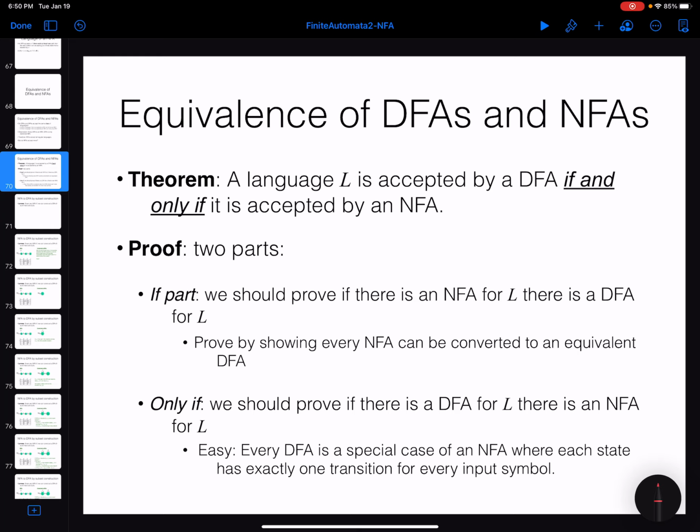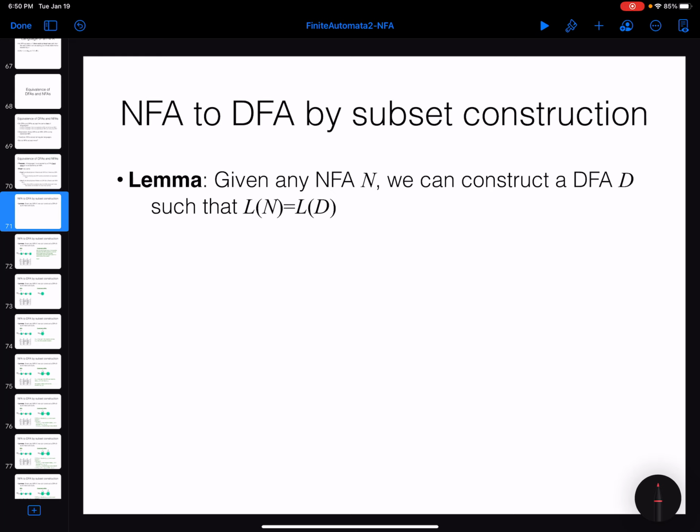So the main part that we have to prove is the first part. We have to prove that every NFA can be converted to a DFA. If we have an NFA for a language, we can create a DFA for that language as well. To prove this part, I'm going to use a constructive proof, and I'm going to do it over an example.